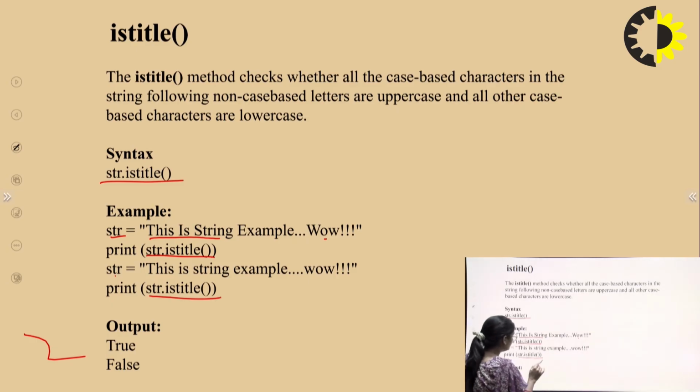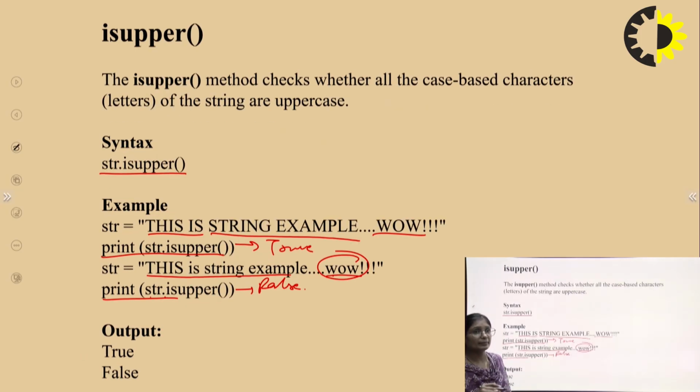So the istitle method checks whether all the case based characters following non case based characters are uppercase and all other case based characters are lowercase. So for the example, this is true and this is false. Clear?